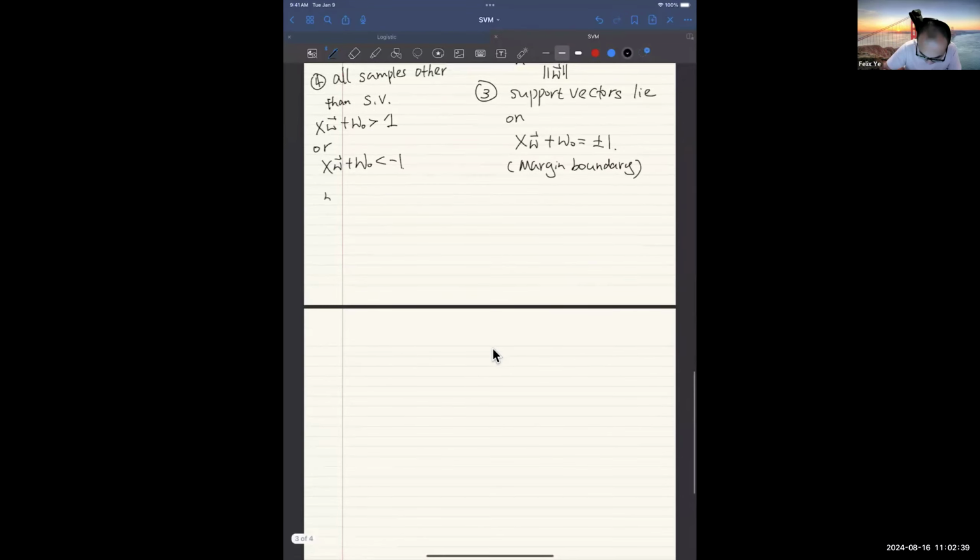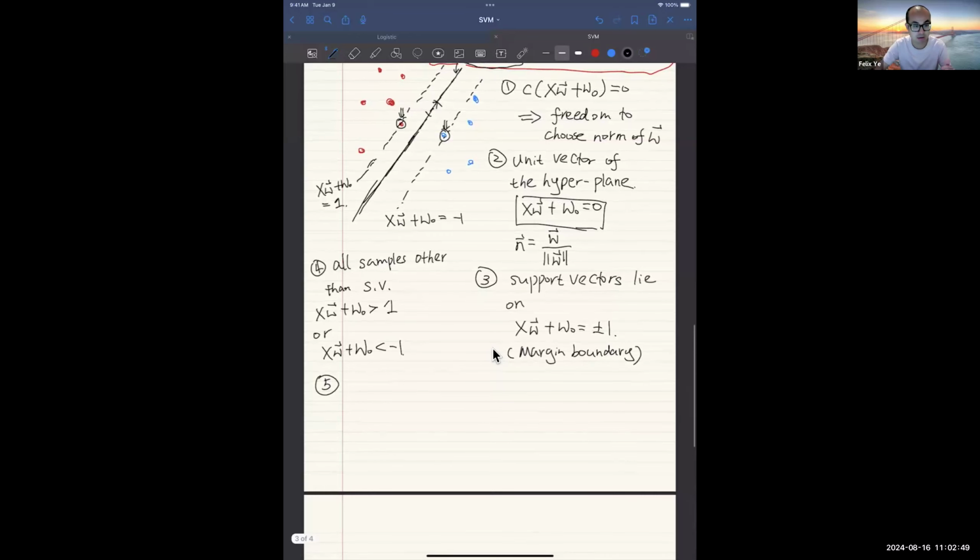Next, number 5. We need to define the distance because we want to make sure our margin is the largest. So we need to define the distance from any point to the decision boundary right here.